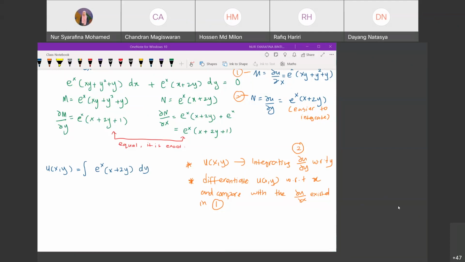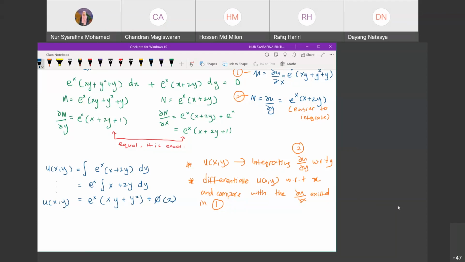Because it involves x, so we just put it outside. Then you integrate x plus 2y with respect to y. This x also is a constant. Then the constant, we integrate with respect to y, then we have xy. And 2y squared over 2 becomes y squared. Then we have a constant of integration psi(x). So this is your u(x,y).